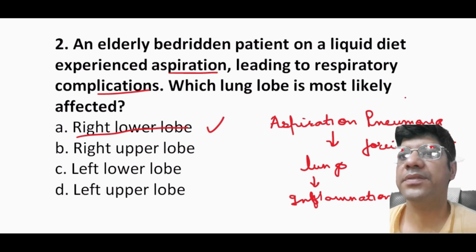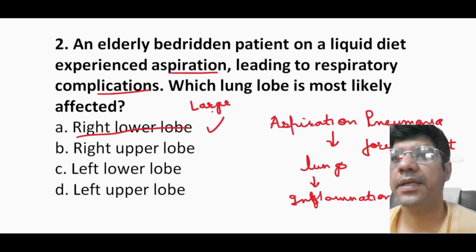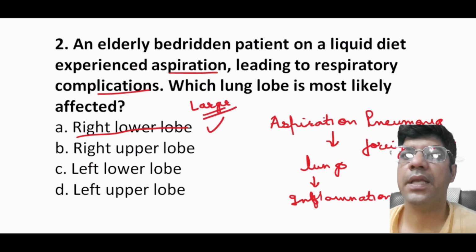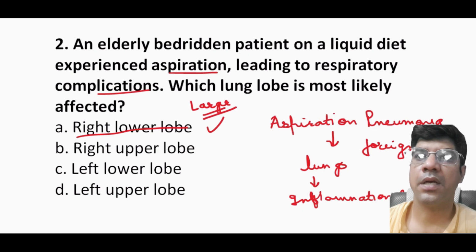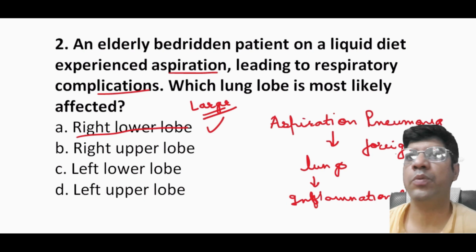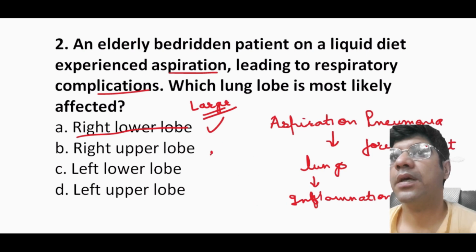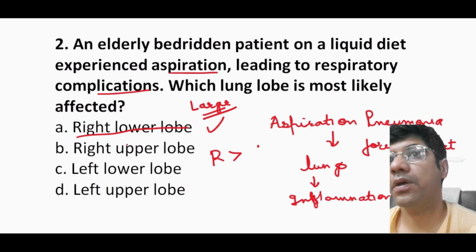The right main stem bronchus is larger in diameter and more vertical compared to the left main stem bronchus. So when aspiration occurs, particularly in the upright position, the aspirated material is more likely to enter the right lung and settle into the right lower lobe due to gravity.